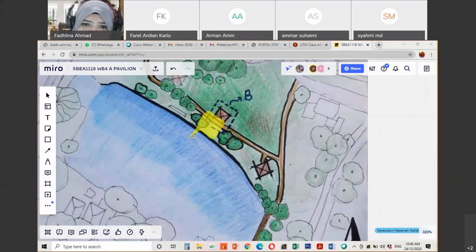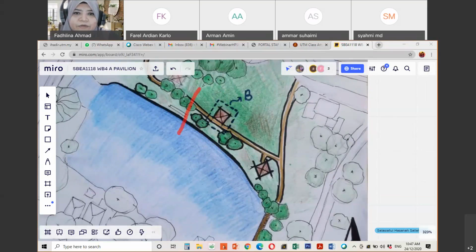Let's say there is one balcony over here, that is allowed. You cannot design something that is partly on land and mainly on the lake.